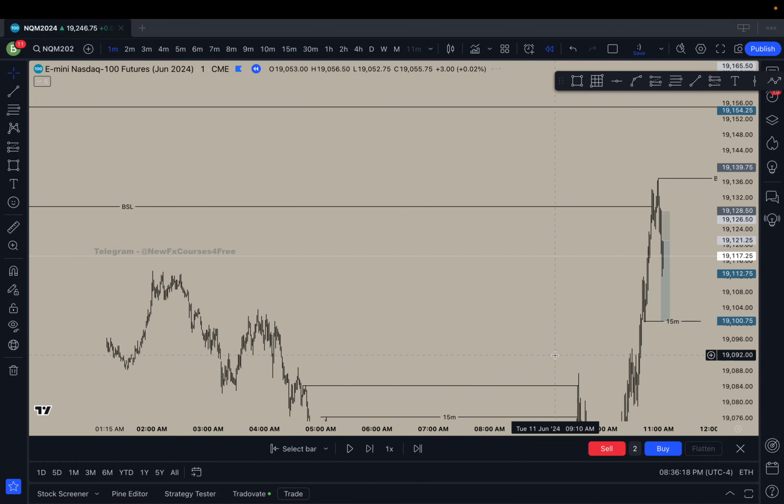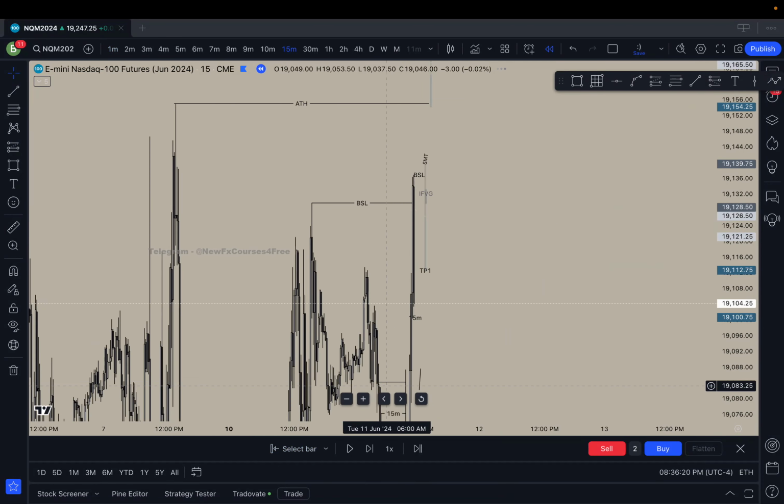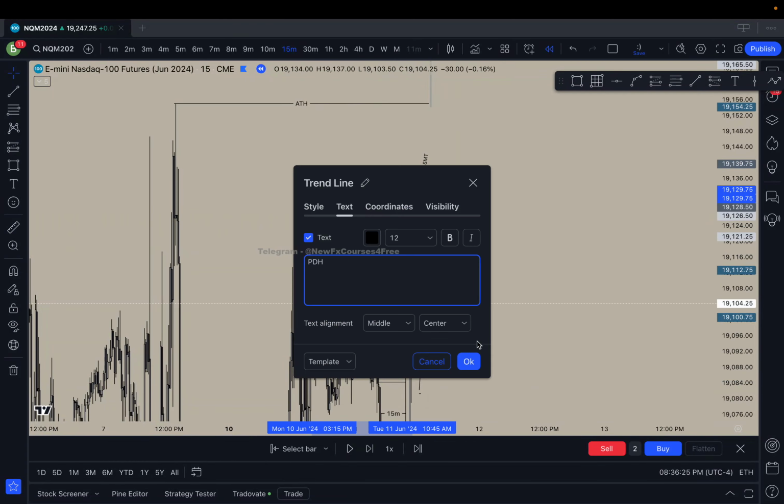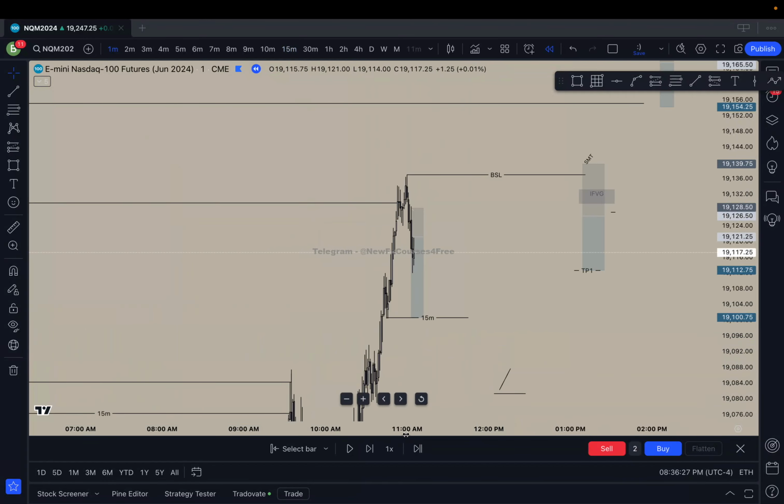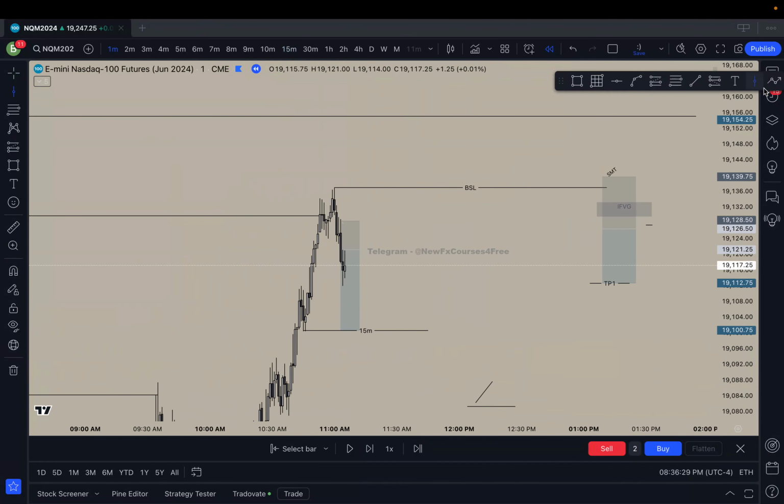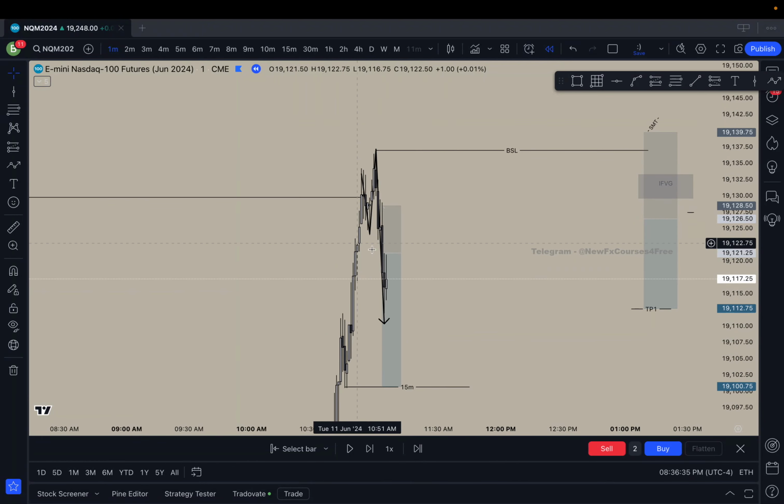I guess you do have to use some sort of higher time frame narrative, which was previous day highs getting swept, right? We have this high, low, higher high, lower low. And there is some sort of inversion here, but it wasn't the highest time frame.